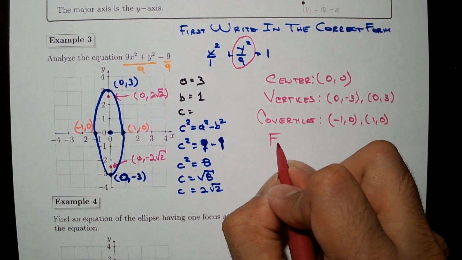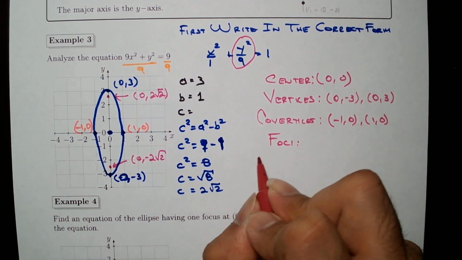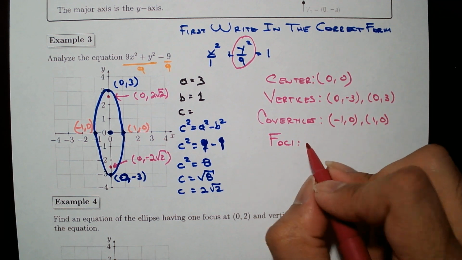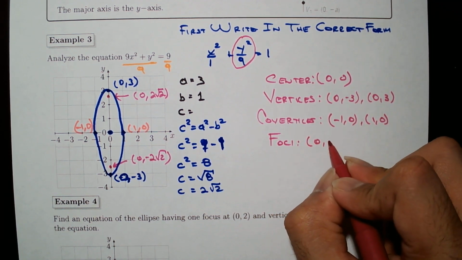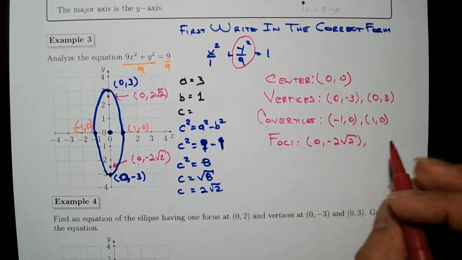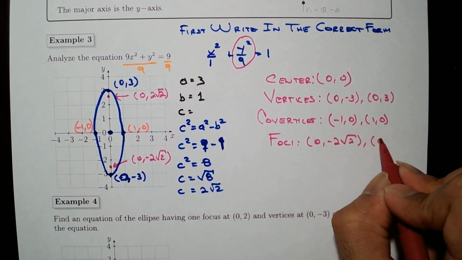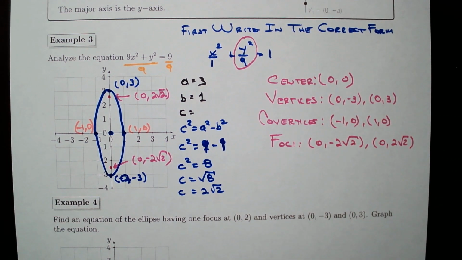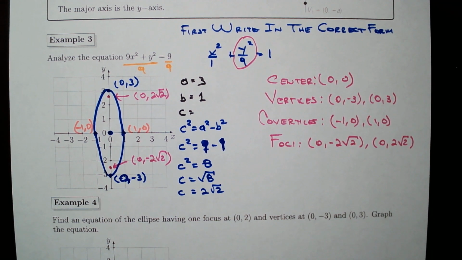And foci, that is the plural of focus, one of them is 0, negative 2 root of 2, and the other one is 0, 2 root of 2. Right, and we're done analyzing this equation.